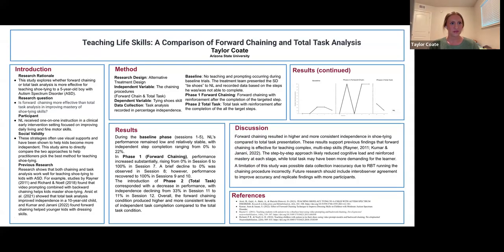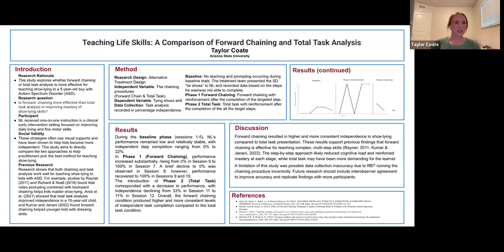So for my research project, the design that I used was an alternating treatment design. The reason for that was because I was teaching a skill that couldn't be untaught, so I did alternating phase changes.